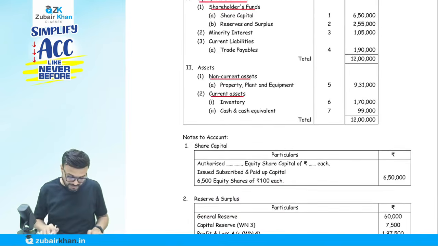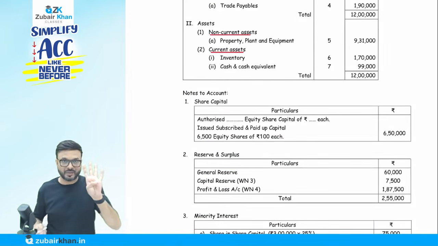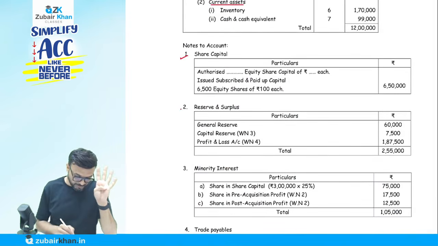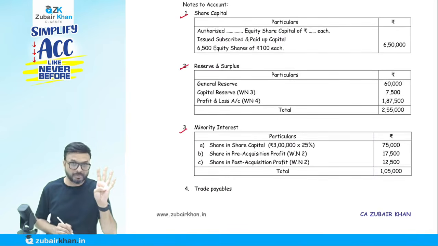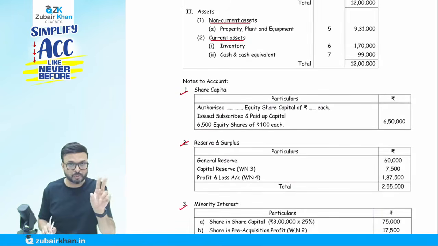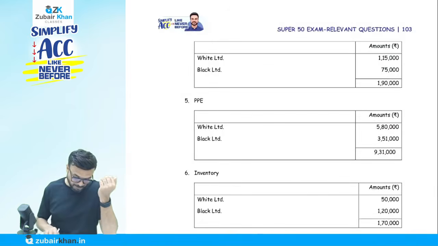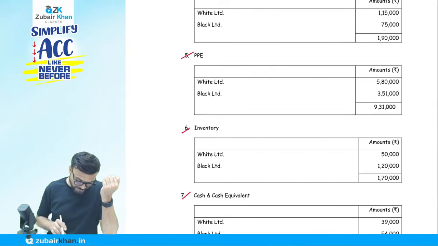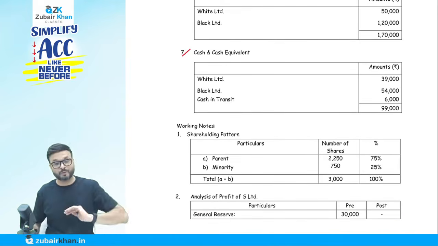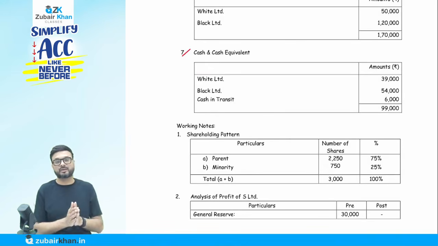Now understand this. How many notes to accounts? 4. Share capital, reserve and surplus, minority interest, and trade payable. Not necessary, but they have to say so. You can write it in the inner column, add both the figures of the holding and subsidiary company and write it down there, but it's okay. They have prepared PPE, inventory, cash and cash equivalents, so many notes come, but 4 is mandatory. What are the 4 that they have?